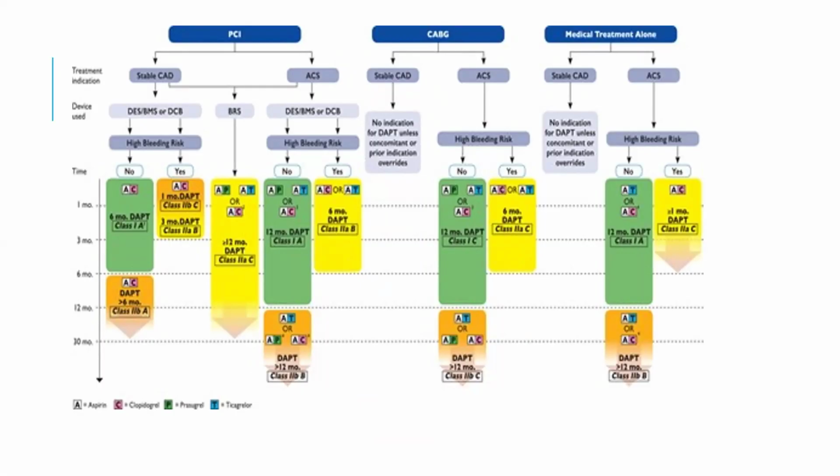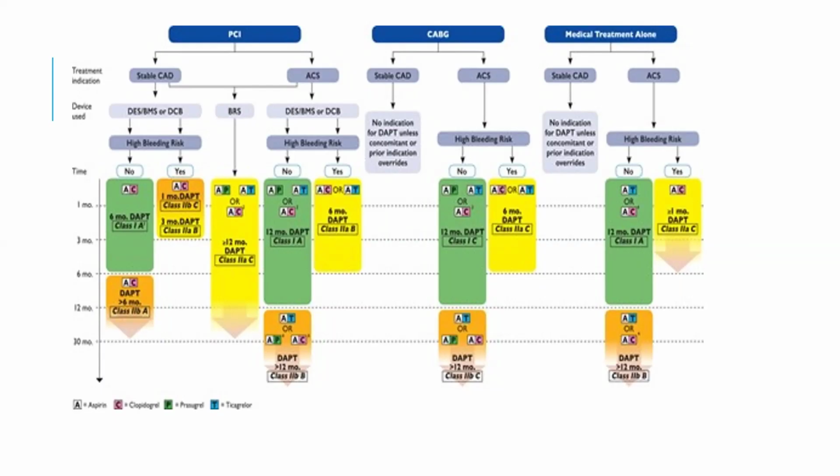So for those doing PCI with acute coronary syndrome, where the patient has already had stents, either a drug-eluting stent or a bare metal stent, if there's no high bleeding risk, you can do dual antiplatelet therapy for 12 months, and thereafter 6 months, and it can also be continued for even more than that.